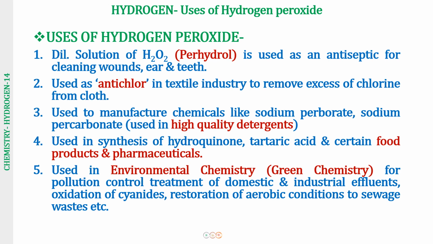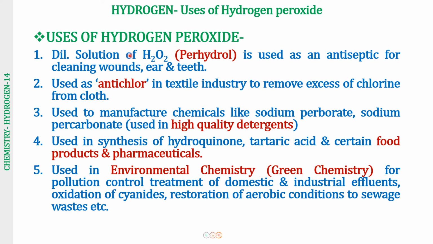So this is the last slide for this lecture, as well as for this course, because with this we are going to wind up the course on hydrogen. The uses of hydrogen peroxide are something we've already discussed while talking about the chemical and physical properties of hydrogen peroxide. So let us quickly look at a few of the uses once again.